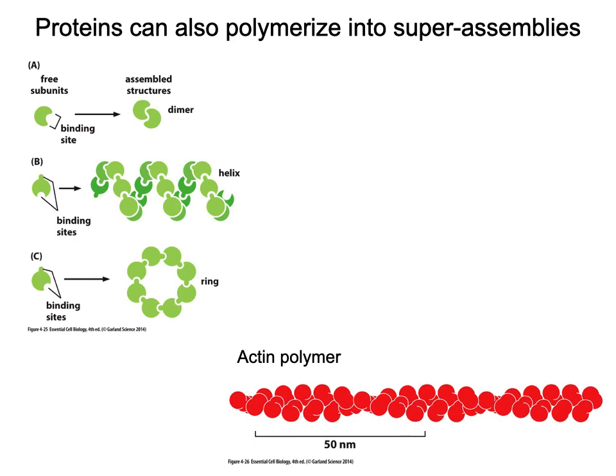Molecules like actin will form a polymer, and that allows it to function. So its quaternary structure is this binding together of these different subunits.